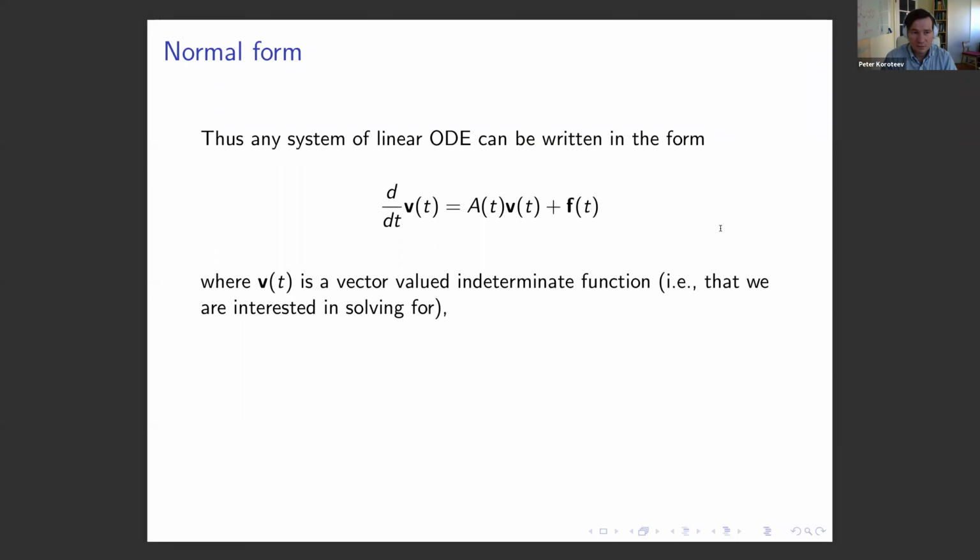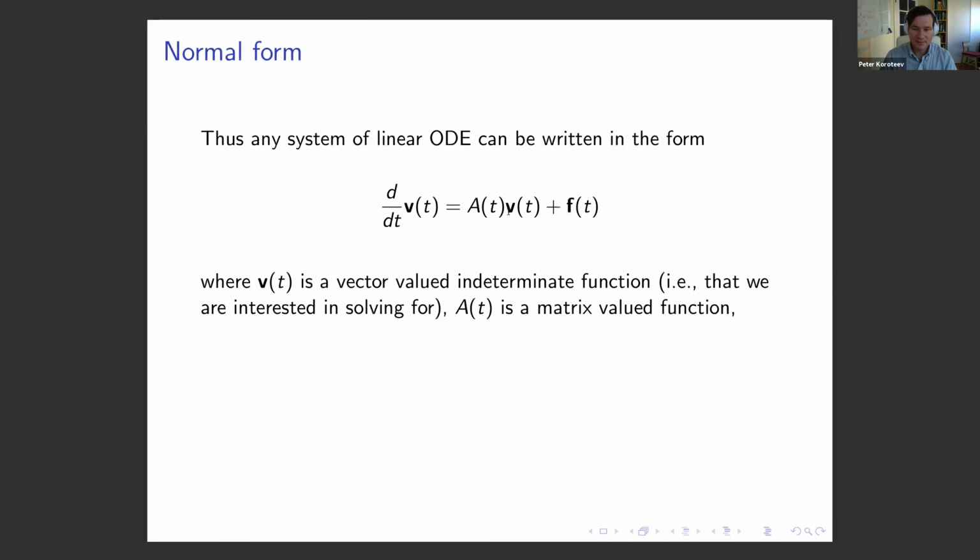There is a so-called normal form of the system of linear ODEs, which looks like this, right? There's a vector function v, and there's a derivative d over dt acting on v, and on the right we have A of t multiplied by the vector function v plus some vector function f of t, which does not depend on the unknown functions.